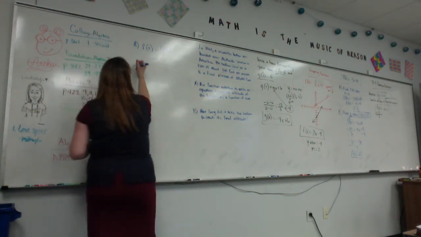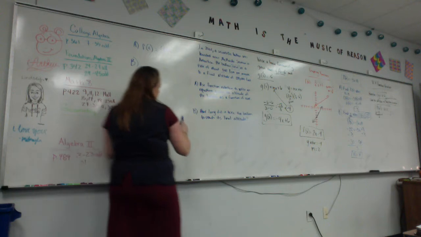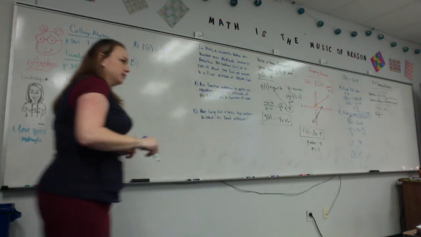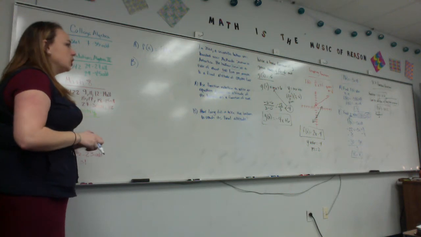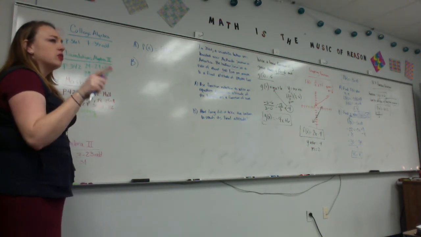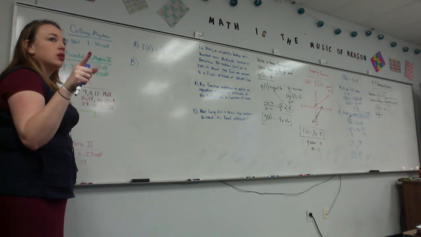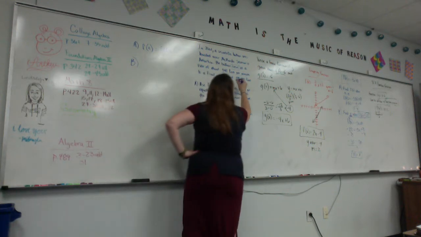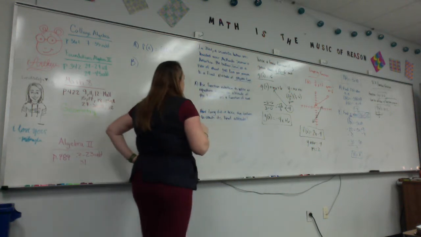Okay? So that's part A. Part B, how long did it take the balloon to reach its final altitude? What does that mean I'm doing? Look at the problem. It's f of t, 120,000, 500t.